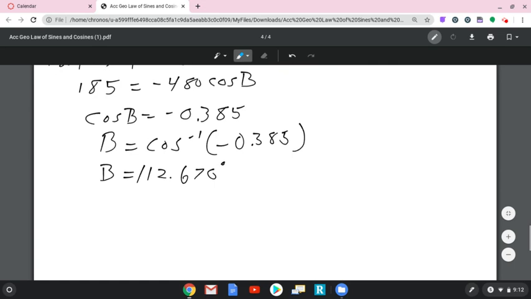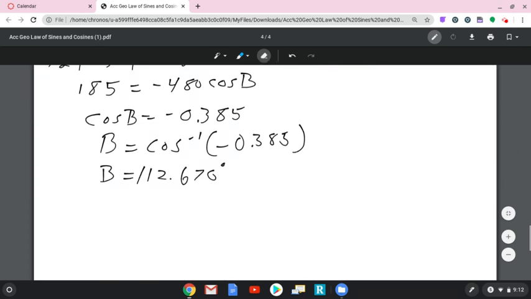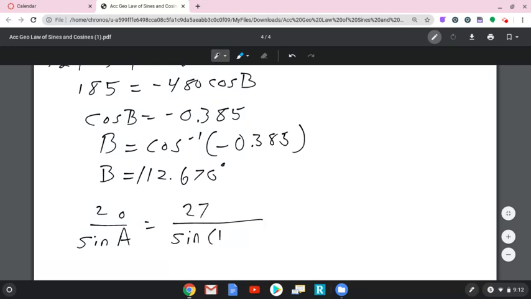If I set this up, what was A? We know our A value is 20. So 20 over the sine of our unknown angle A would equal 27, which is my B value, over sine of 112.670 degrees.